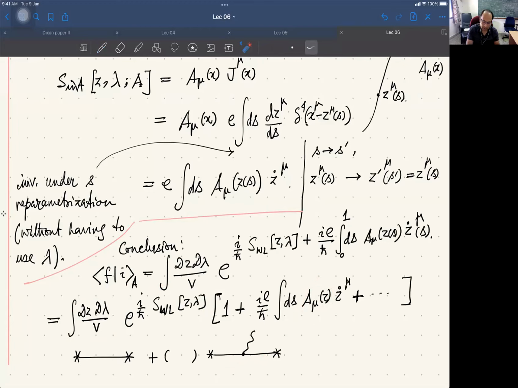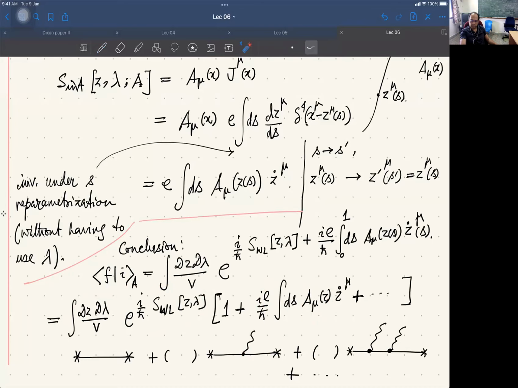Then there will be another term having two insertions, and so on. This is how the effect of the background looks, because when you expand, there is an expansion in powers of e, since each factor here comes with a factor of e.